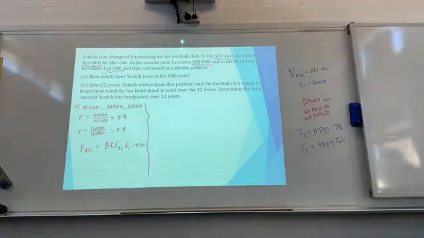You can either use your sequence or use your calculator, just work out from the 3rd year times 0.8 and then times 0.8. But I want to show you part B.